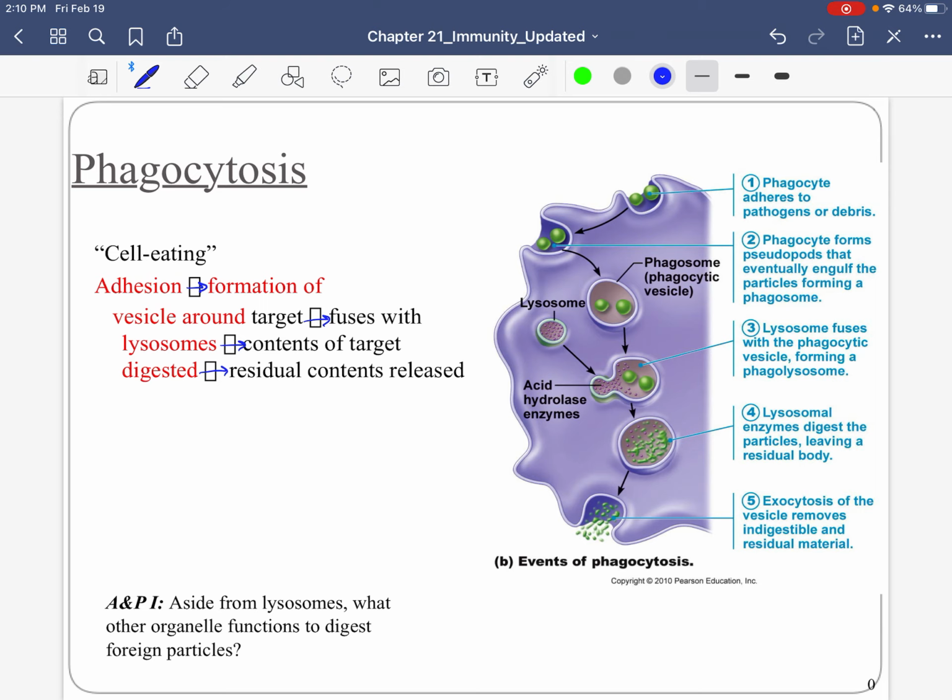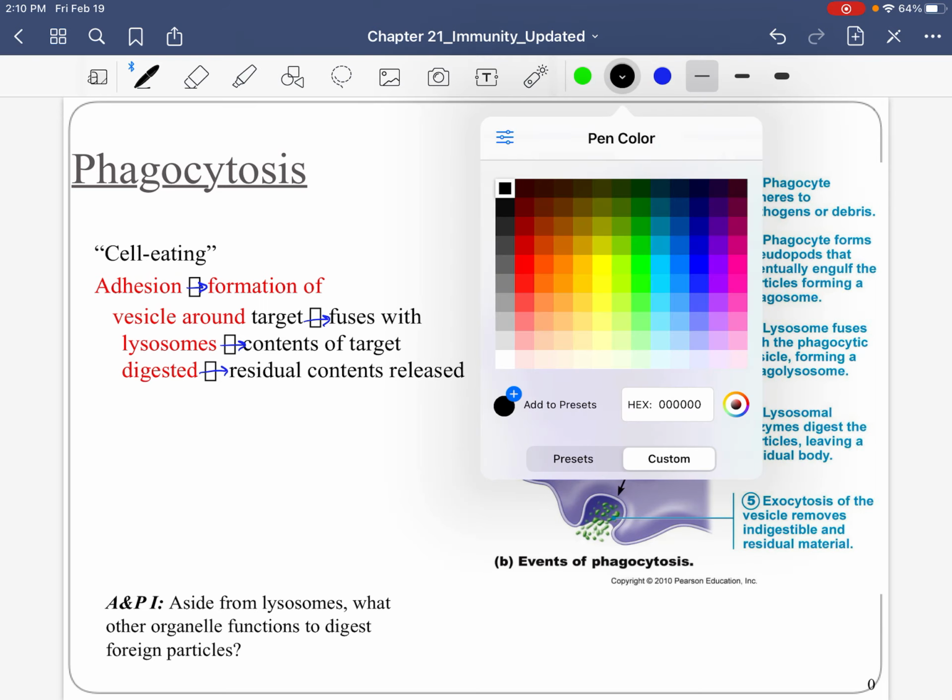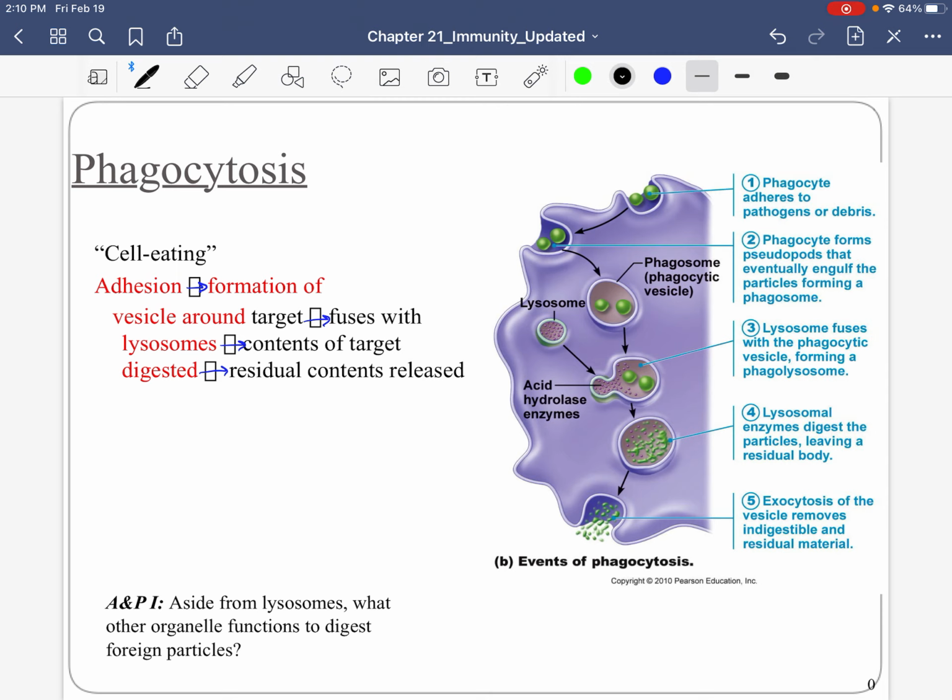And that white blood cell is going to come up against some little bad guys. So there might be some bacteria floating around.